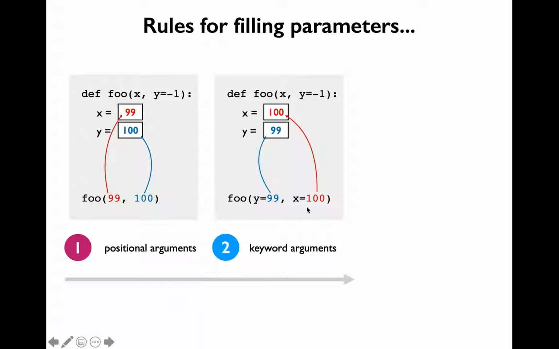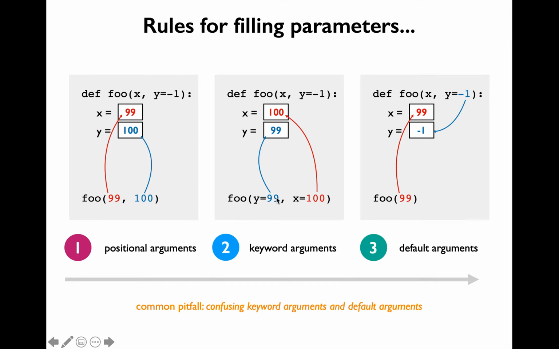When you have named keyword arguments, you're already mentioning which particular parameter the argument value should go into. For example, the argument 100 will go into the parameter x here and the argument 99 will go into the parameter y. Finally, Python will fill in the default arguments.